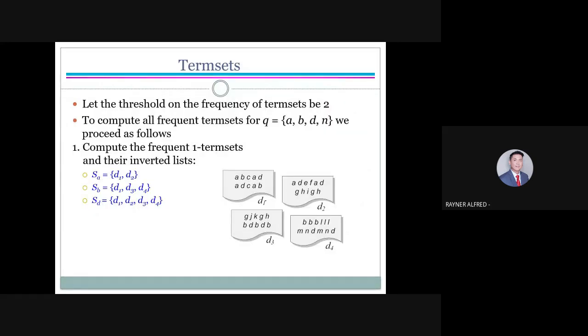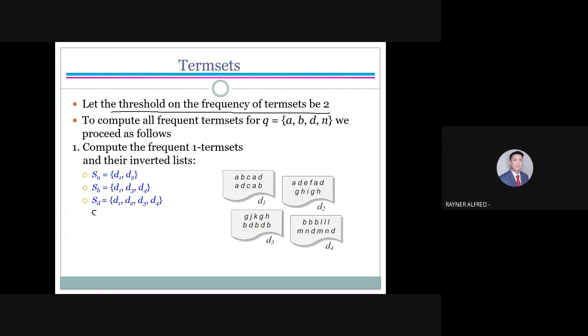For example, we set the threshold on the frequency of the term set to be 2. That means all the term sets that occur in at least 2 documents, we call them frequent. So for example, we have this query. We start with the one term sets first.